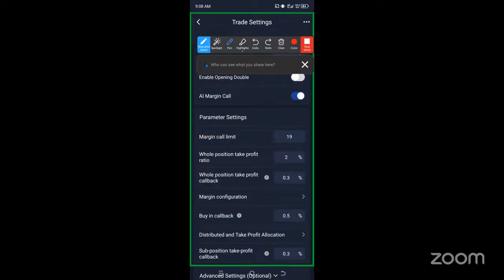Now, this is done. I want to come to this: hold position and take profit call back. They have been talking about take profit ratio, and now here they come to take profit call back. What does this mean? Hold position, take profit call back gives me more chance to get profit more than 2%.